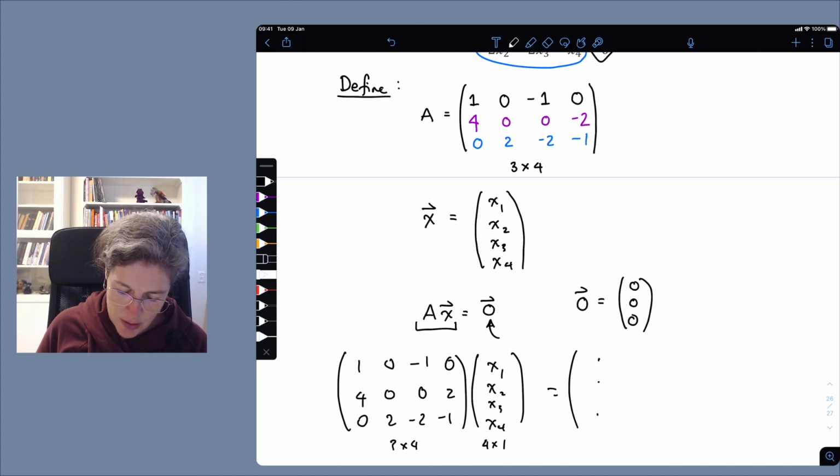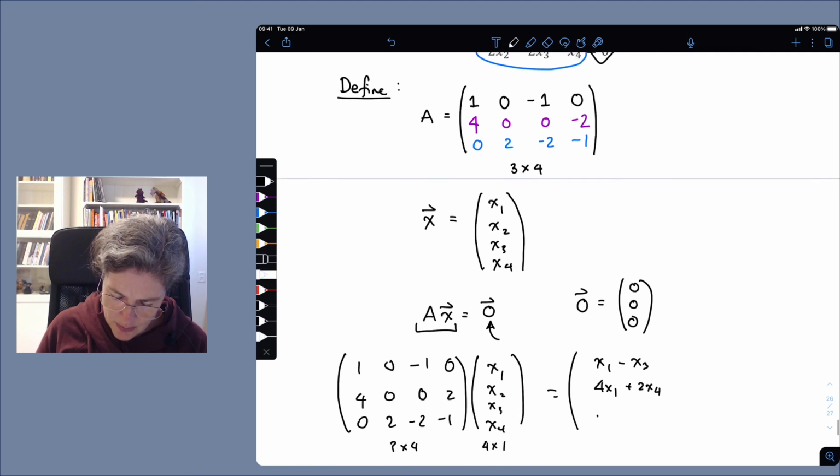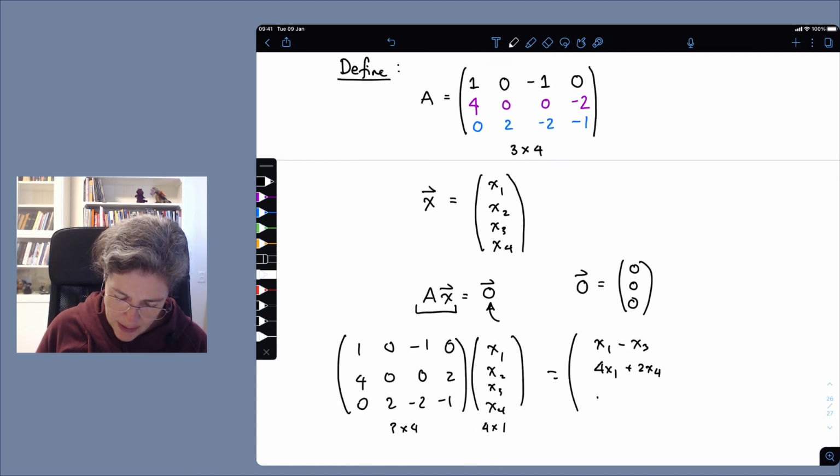My first entry is going to be 1 times x1, 0 times x2, minus 1 times x3. My second row is going to be 4 times x1 plus 2 times x4. Did I get that right? Yes. And my final entry is going to be 2x2 minus 2x3 minus x4.